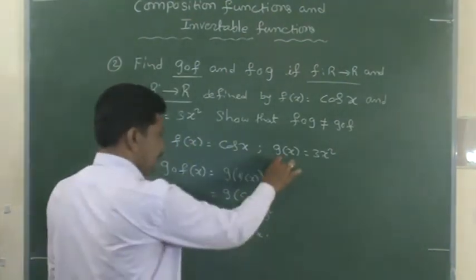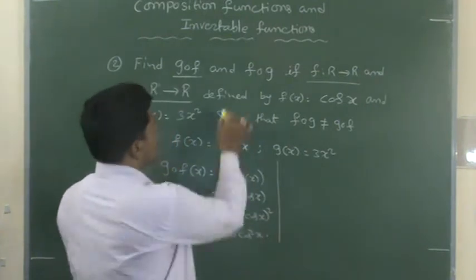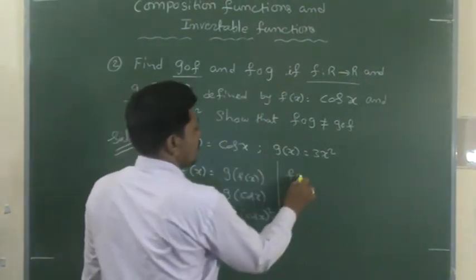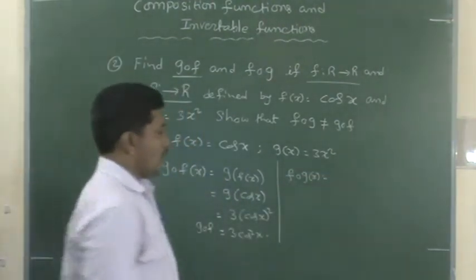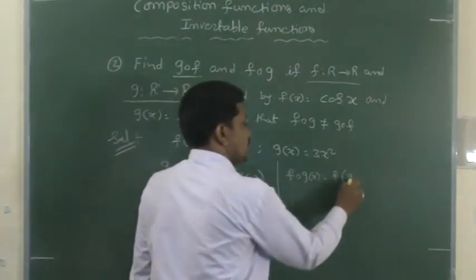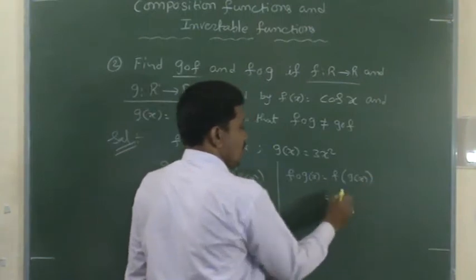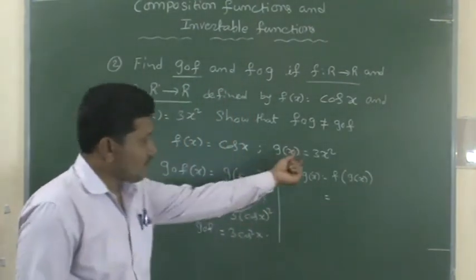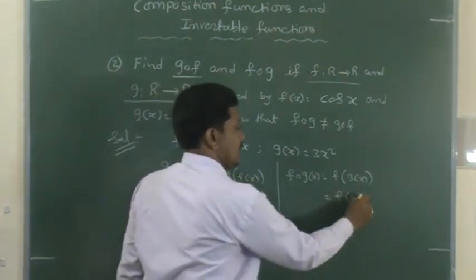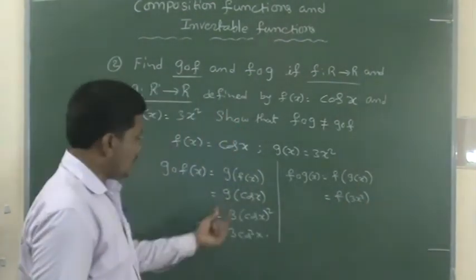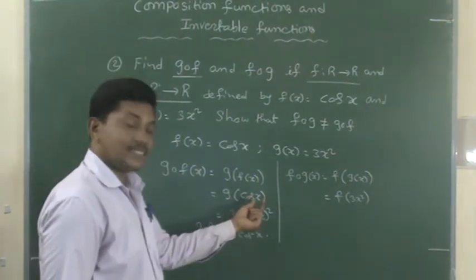Right? Now, I want to calculate another one. f circle g of x. Okay. Now expand. f of g of x. Very good. After that, what is g of x? g of x is 3x square. f of 3x square. Right. So here g of cos x was the second step.